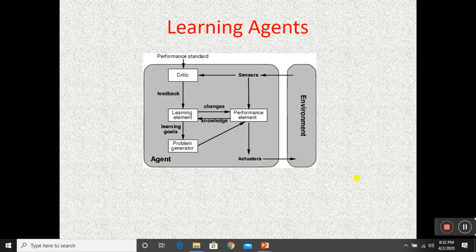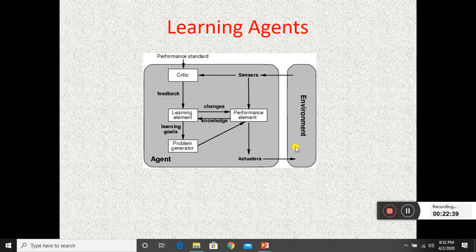Here is another type of agent, the learning agent. Learning agent means it will face some problem, or it will observe anything, and then on the basis of those observations, this agent will actually work.